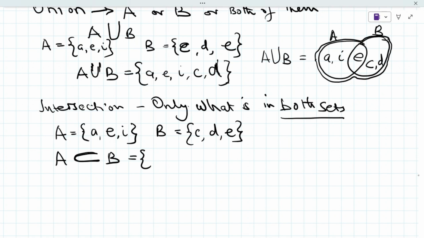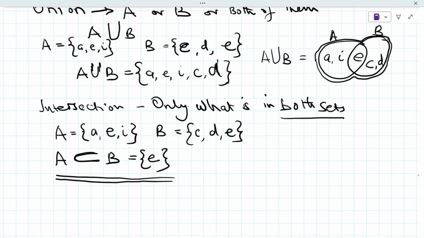A is not in B. E is in B. And so we write E. I is not in B. C is not in set A. And D is not in set A. So set A intersection set B will give us this set finally.